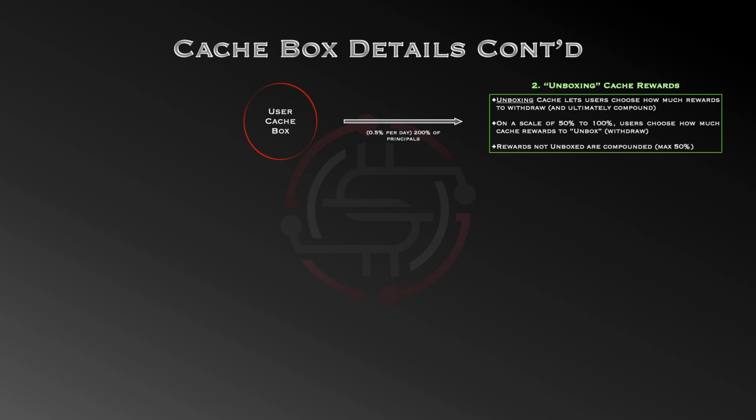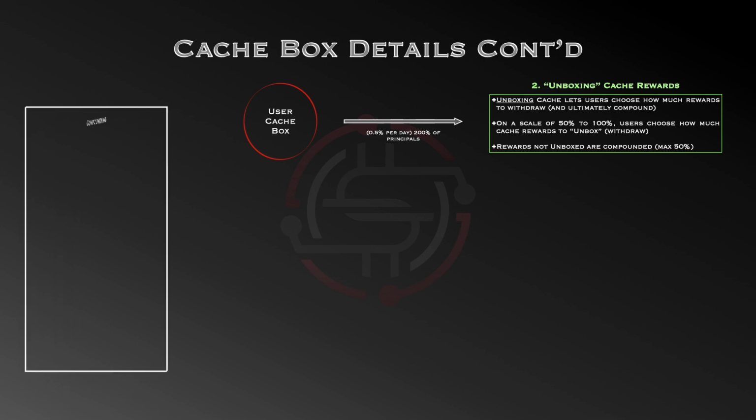So before we discuss users' options of unboxed cash or their withdrawn cash, let's discuss compounding. Again, any cash rewards that are not unboxed or withdrawn get compounded back into the user's Cashbox principal. There's a 5% fee on all compounds that aids the protocol.